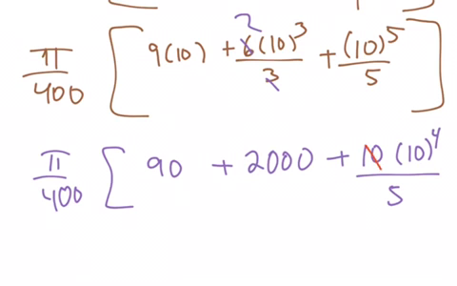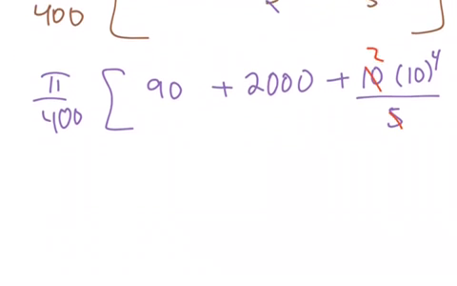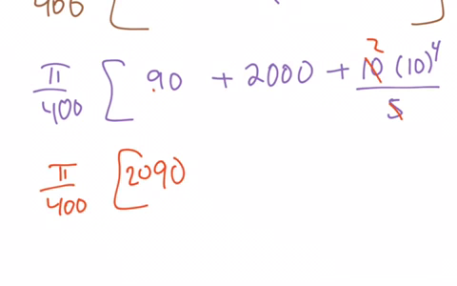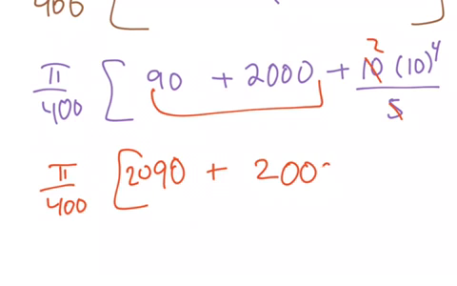I'm writing it this way because I want to cancel this out and put 2. So this is going to be 2090 plus 2 with 4 zeros behind it.